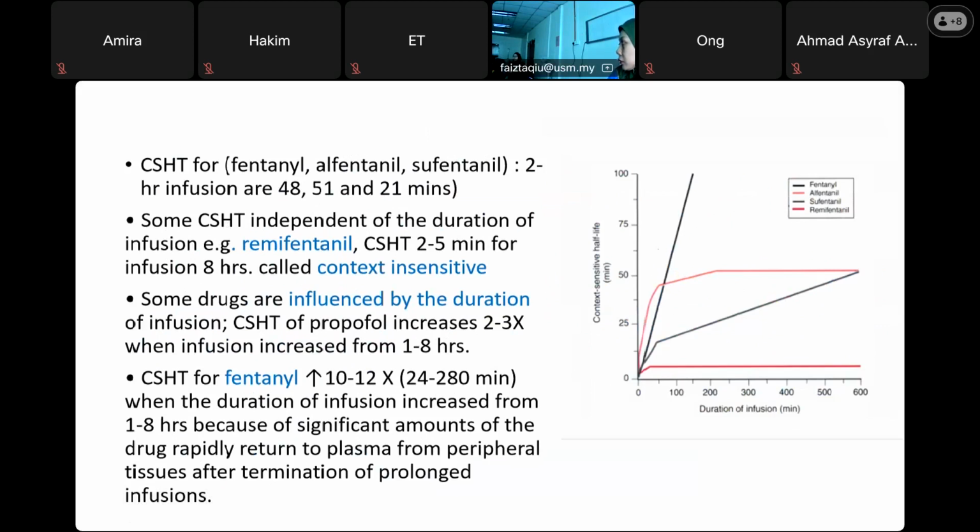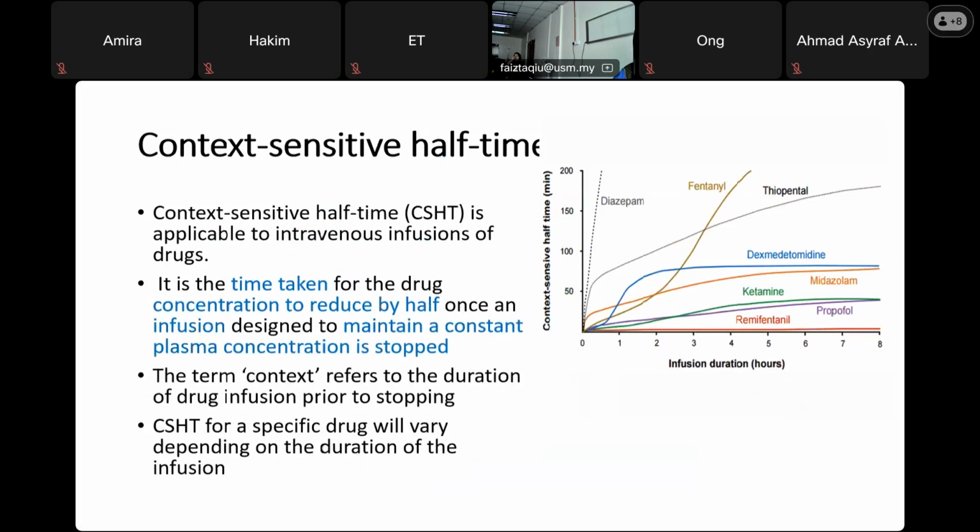Some drugs clear very fast, some drugs clear very slowly. This is shown in the graph. This is a standard graph. Remember these 4 drugs, all the fentanyl group, right? Another group is the benzodiazepines and STP. This one is good to compare only opioids, and this one is for general anesthetic drugs.